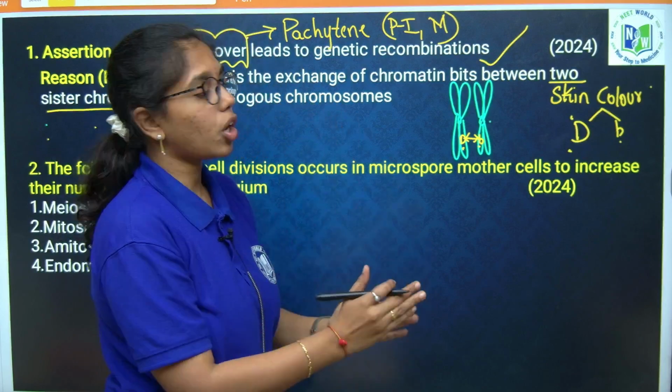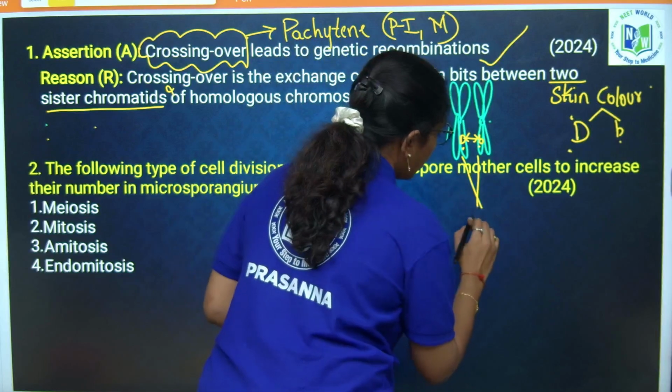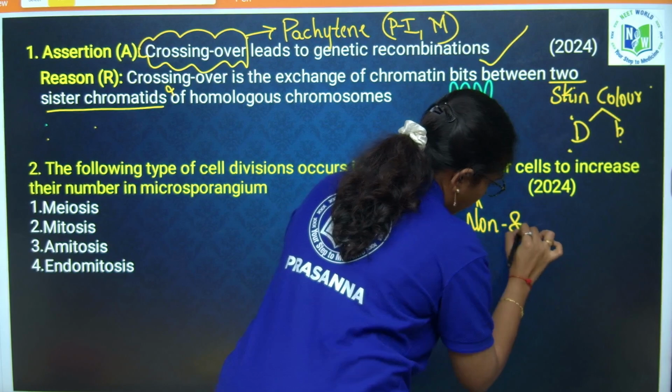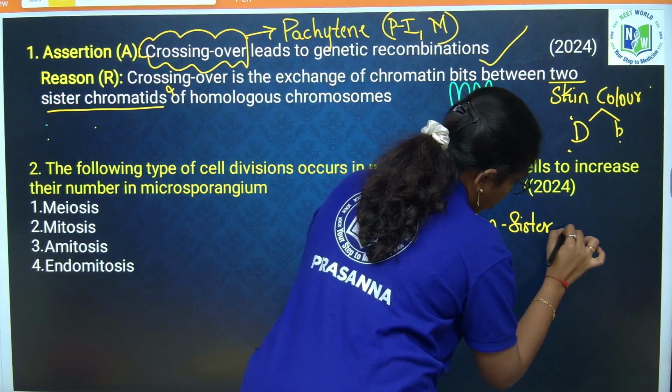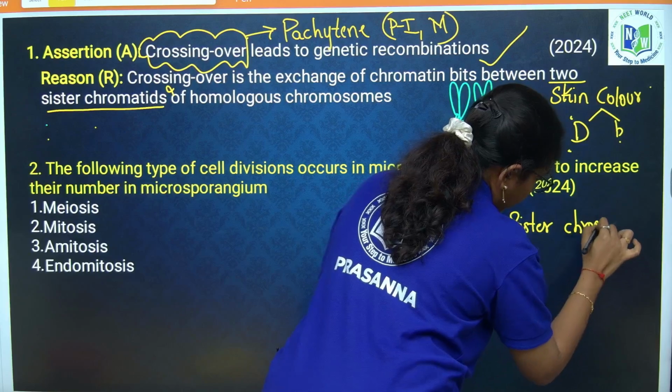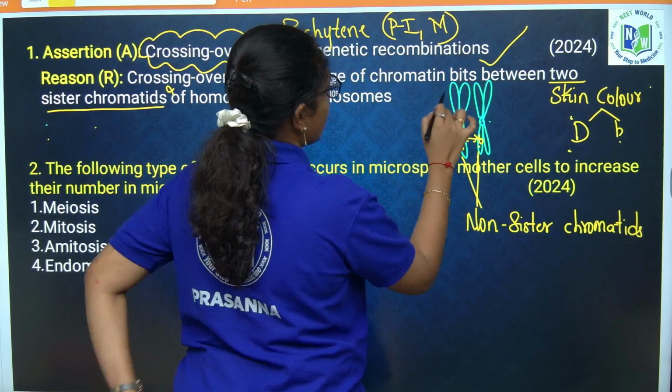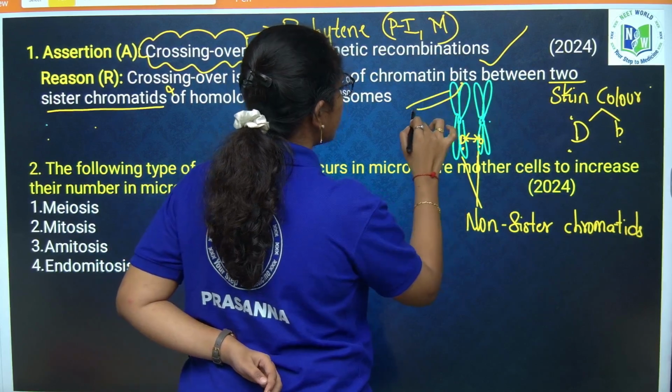So crossing over always takes place between non-sister chromatids, and never between sister chromatids. These two are sister chromatids.